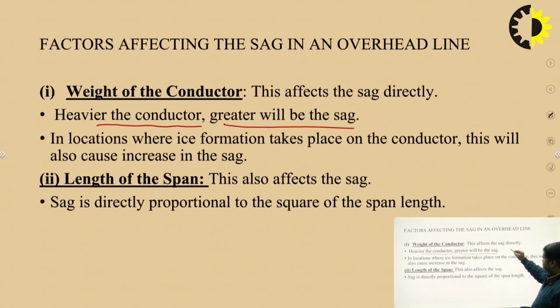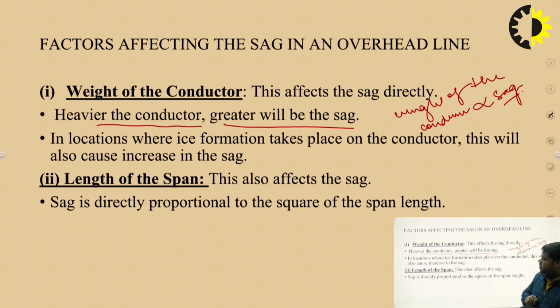So the weight of the conductor is directly proportional to the increment of sag. In a location where ice forms on the conductor, this will also increase the sag.